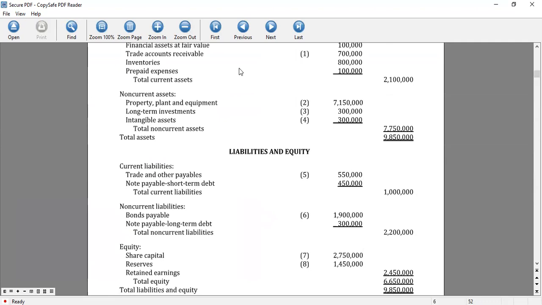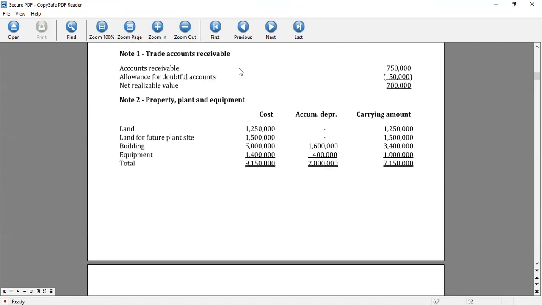Okay, then we go back for the non-current assets, property, plant, and equipment in note number 2. Note number 3 is long-term investments.